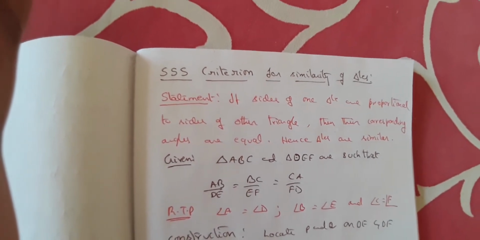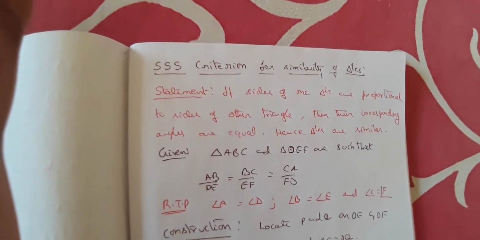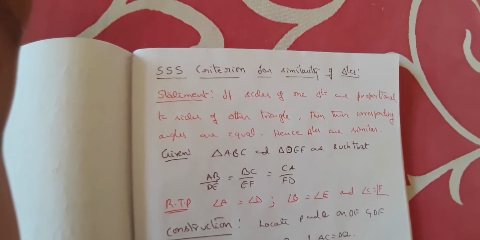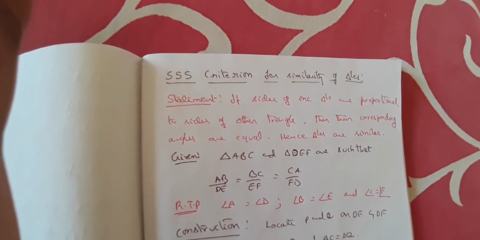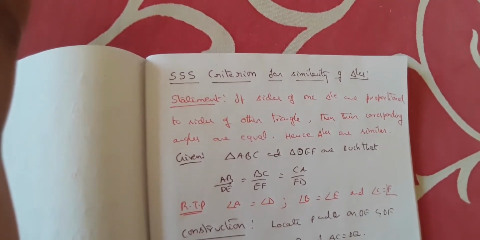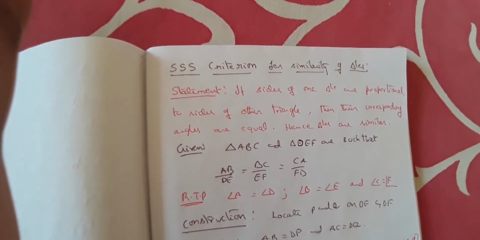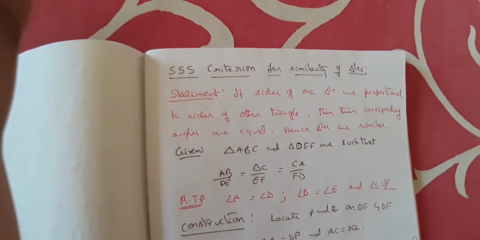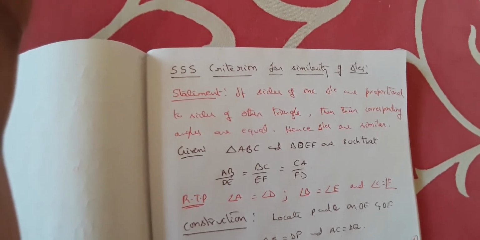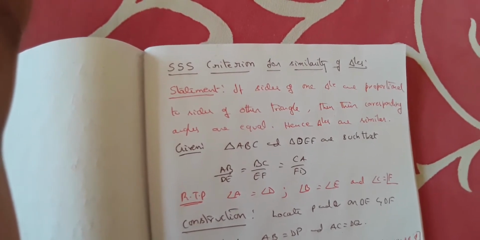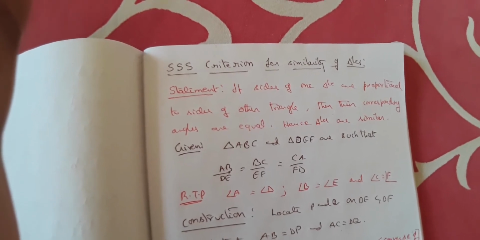So we are done with angle. That means if three angles of two triangles are equal, that means corresponding angles of two triangles are equal, then we already proved that their sides will be in equal proportion, in equal ratios. Thus they are similar. We proved it, isn't it?